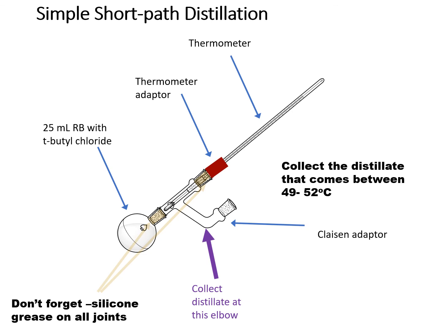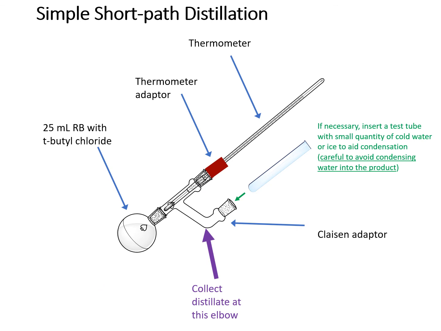However, sometimes the distillates might not be formed, and what you can do is bring a clean dry test tube and add ice or very cold water into it and place it at the mouth of this adapter, and that helps condensation to occur, and then you can have the distillate in the end.